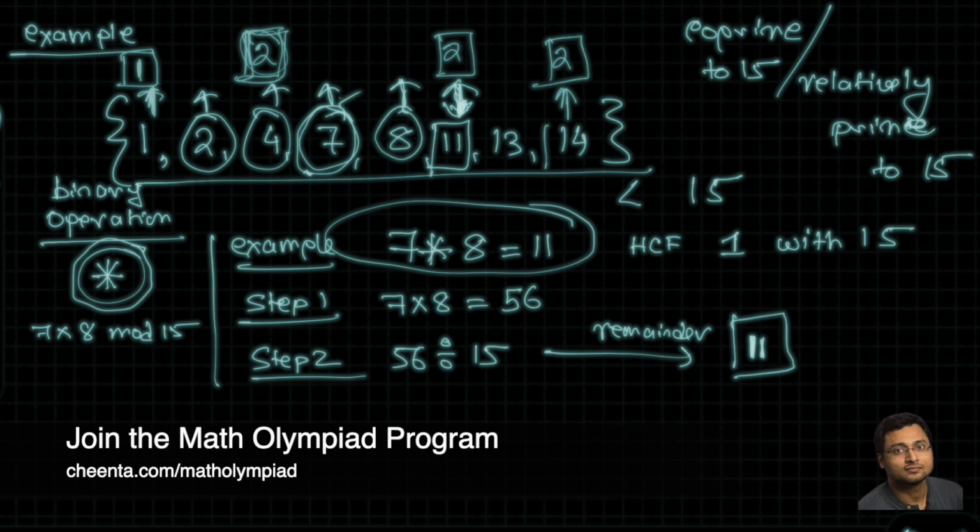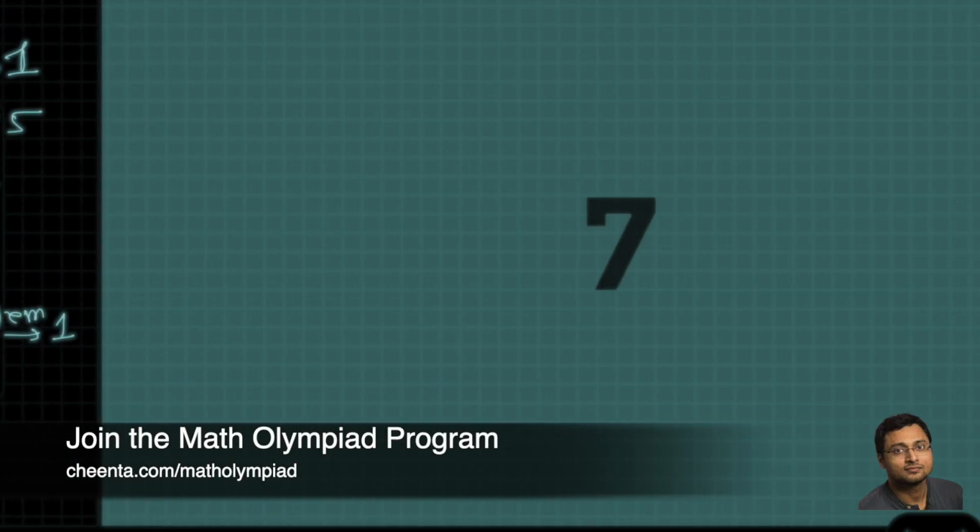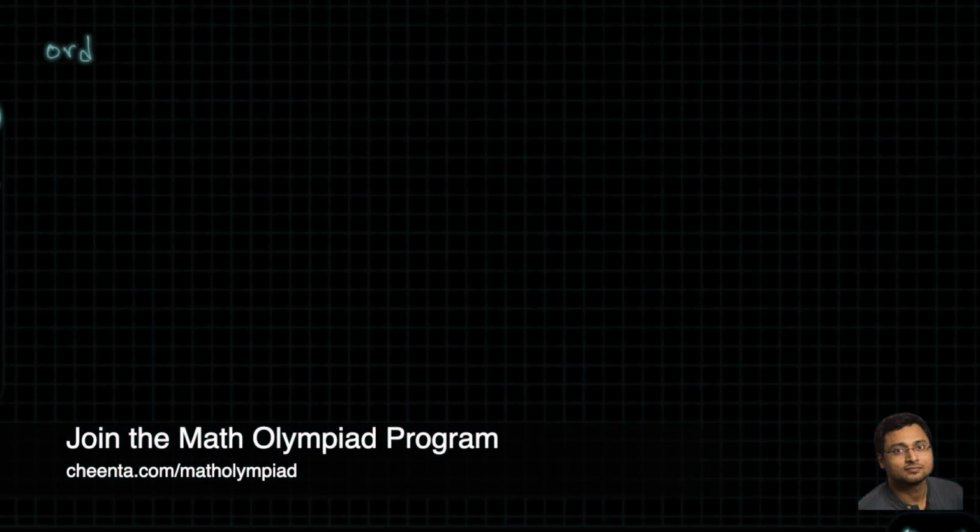But the remaining elements, what is the order of 2? What is the order of 7? What is the order of 13, 8, and so on? Can you check? I will do one of them. Let's look at the order of 2 modulo 15, or with respect to 15. Well, 2 to the power 4, you can check, is 16. You multiply 2 with itself 4 times, you get 16. If you divide that by 15, the remainder is 1.